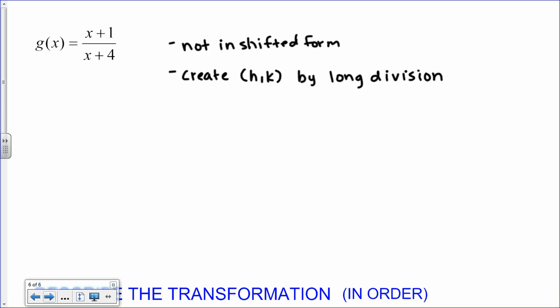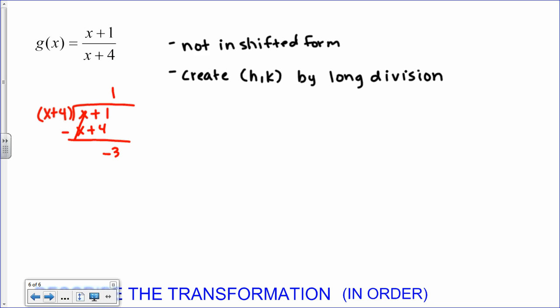Okay, so my divisor is x plus 4, and I'm dividing x plus 1. So what do you have to multiply x by to get x? 1. Okay, and then we're distributing. So that's x plus 4. And you subtract down with long division. So 1 minus 4 is negative 3.